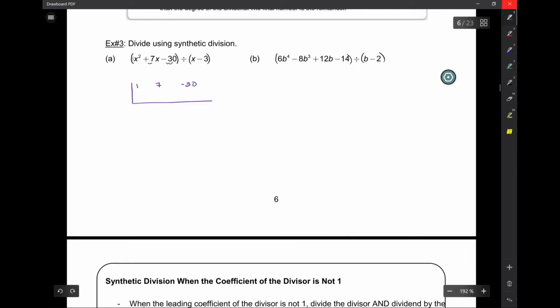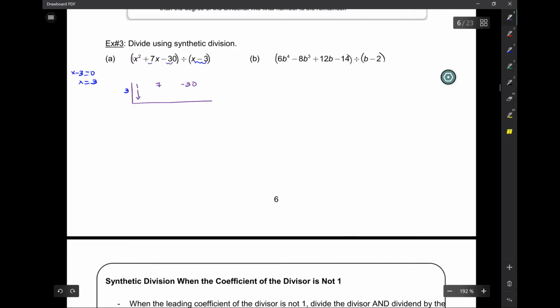All right, on the outside of our little table that we made, so we have to make a half rectangle almost. You take this, set it equal to 0, and you get x equals 3. So here we put a 3.